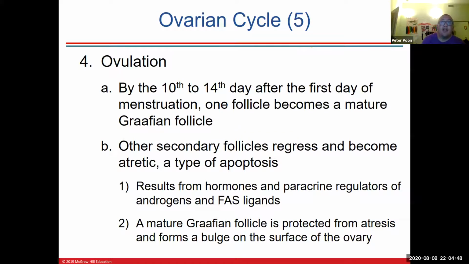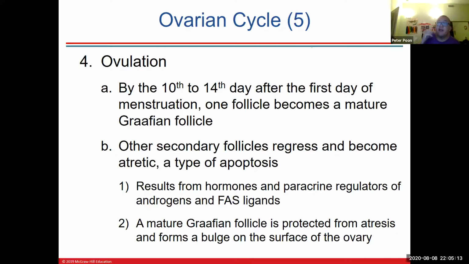Ovulation is by the 10th to 14th day after the first day of maturation. So this part of the ovarian cycle is called the follicular phase of the ovarian cycle. So we're looking at the follicles developing, so follicular phase.